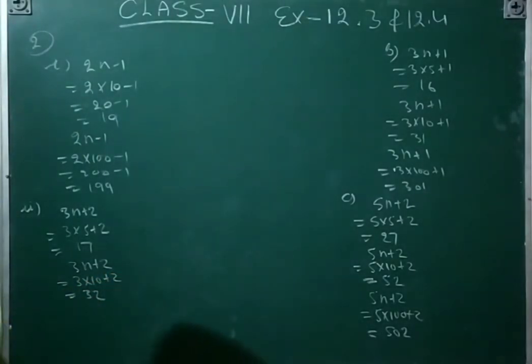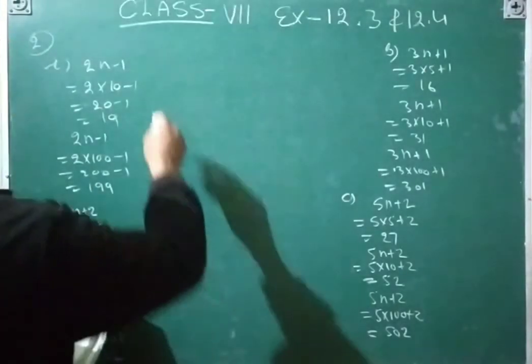And then we will find the 100th place: 3n plus 2 is equal to 3 into 100 plus 2, that is 300 plus 2, 302. Similarly, you can find the third part also.